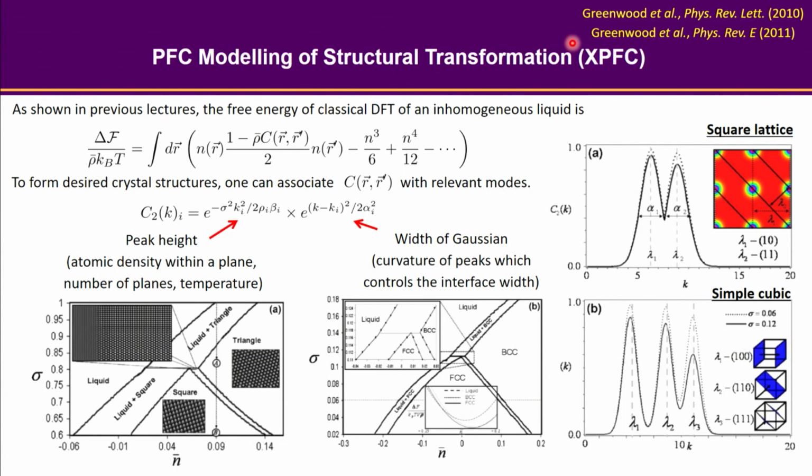Okay, so that concludes the first part of this PFC model for other crystal structures. Basically, you can use more ingredients or more building blocks so that BCC will not always be the favored phase all the time.